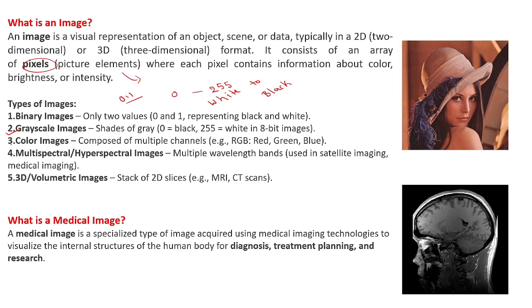And the third one is the color image, comprised of multiple channels. There is RGB: red, green, blue. Red, green, blue is a package of image intensities, and it is a pixel characteristic. A pixel is the smallest unit of an image. If I consider a 2 by 2 matrix image, it has 4 pixels, and the first one has RGB, that means red, green, blue.